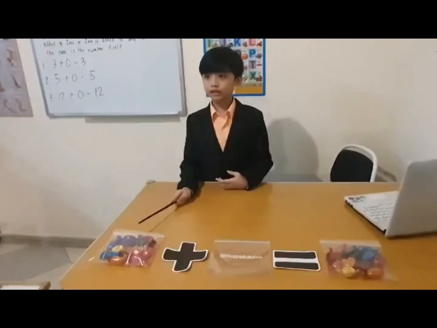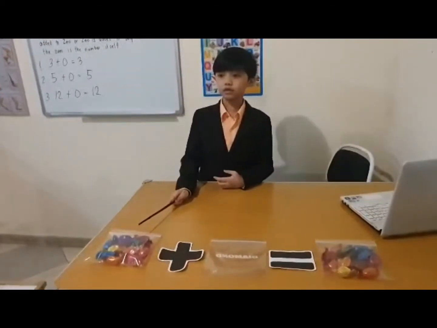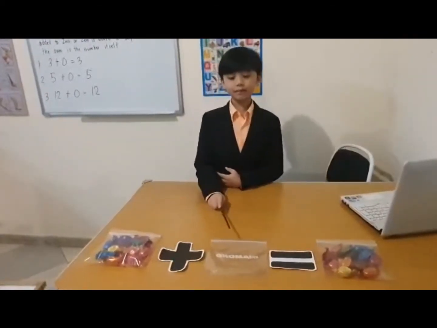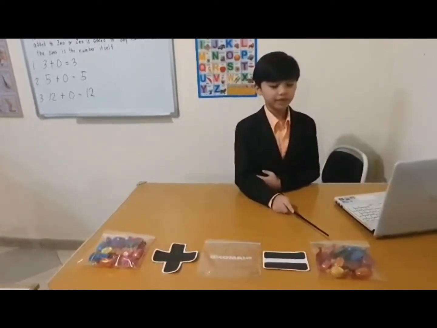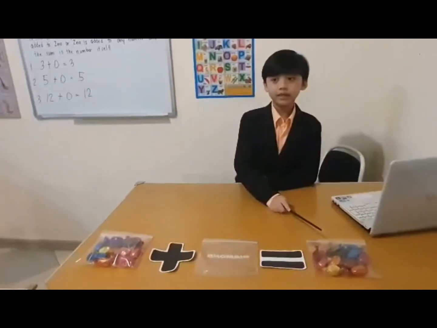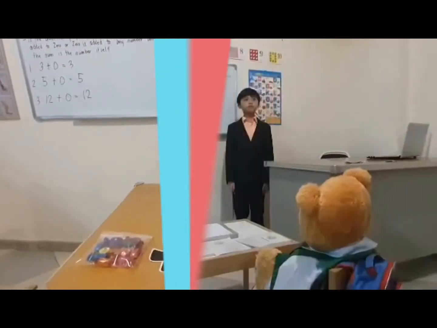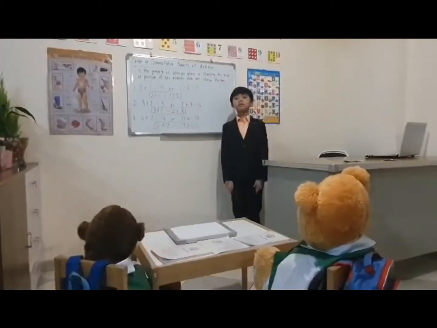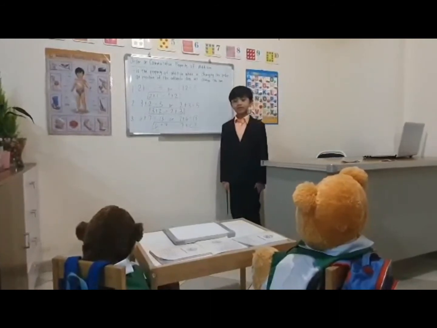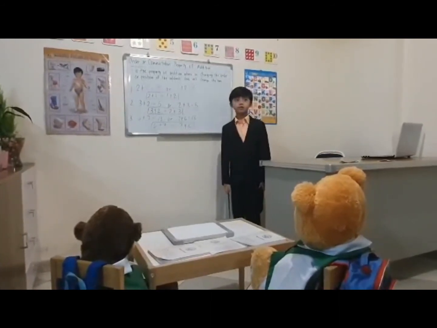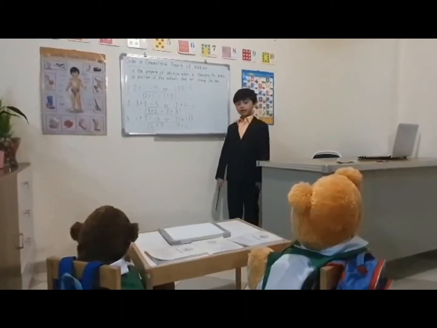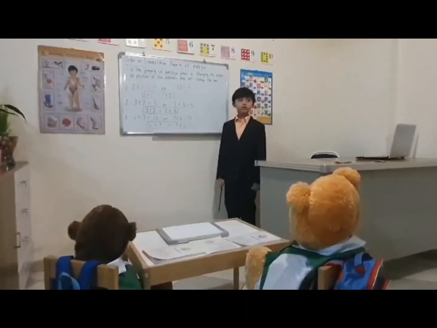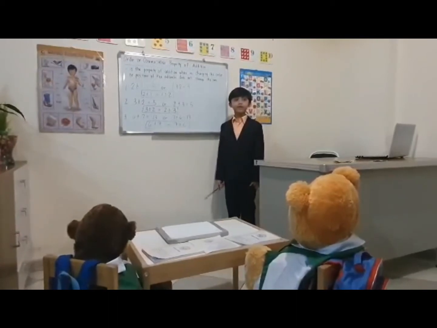So 12 chocolates in a Ziploc bag plus an empty Ziploc bag equals 12 chocolates in a Ziploc bag. Do you understand the zero property? Yes, teacher. Is there any question? No, teacher. Okay, since there is no question, let us move on to the next addition property.